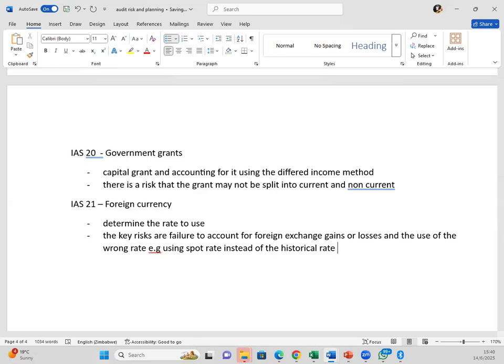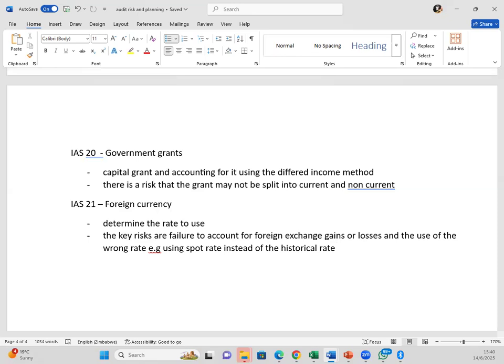Remember, for foreign exchange transactions, if there are transactions that occur during the year, we use the average rate. Transactions that occur many times or regularly during the year, like income statement transactions, we use the average rate.